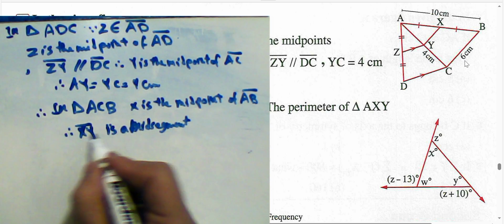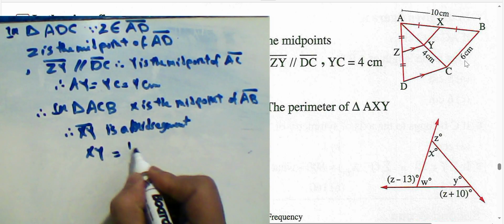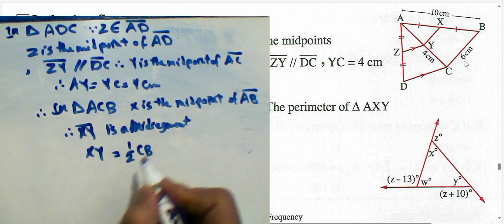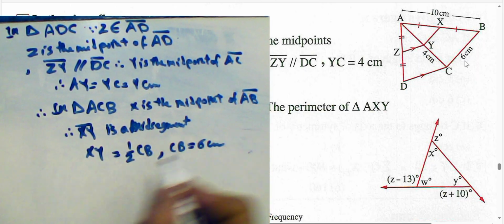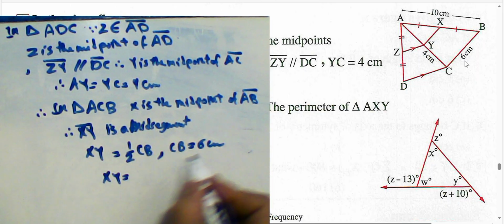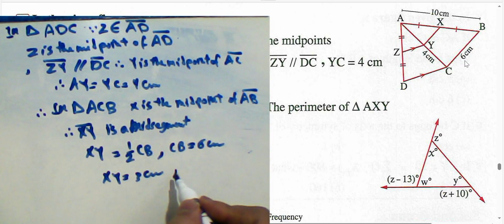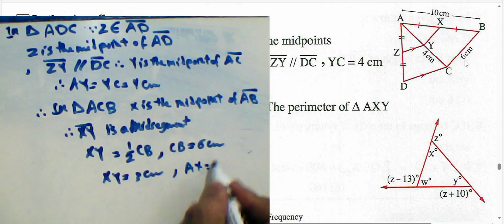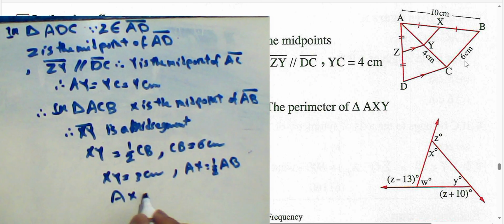Okay, this line segment XY is the mid segment. So XY is half of CB, and CB equals 6 centimeter. Then half of 6 equals 3 centimeter. You found now XY equals 3 centimeter. And then AX is also half of AB, because X is the midpoint of AB. Then AX is equivalent to half of 5 centimeter.